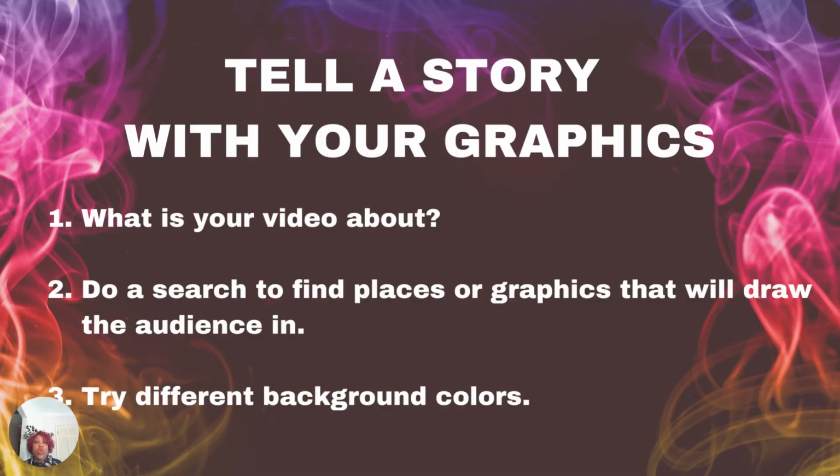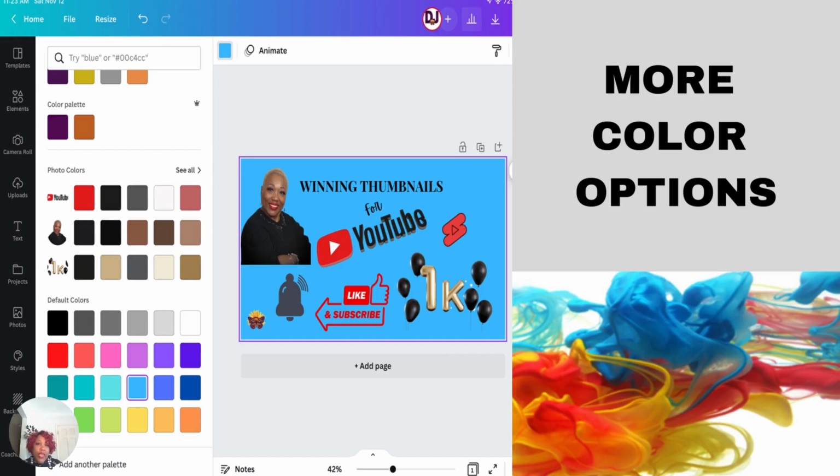Tell your story with your graphics. What is your video about? Do searches and find places and graphics that will draw your audience in. And try to use different background colors. So here on this particular thumbnail, I started off and it was white, and then I changed it to an aqua blue.